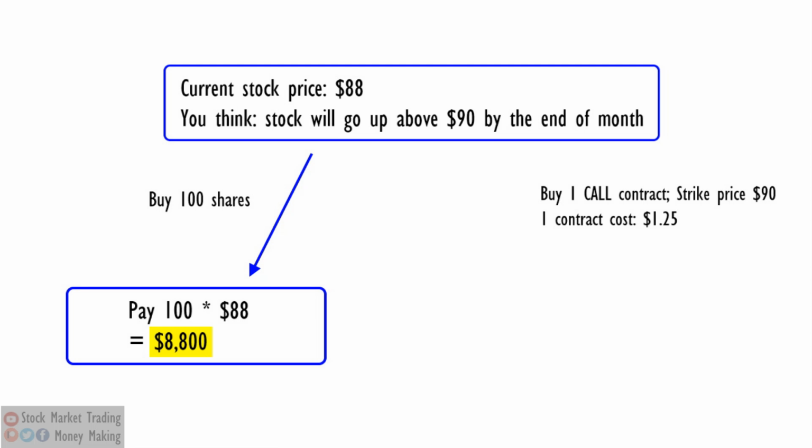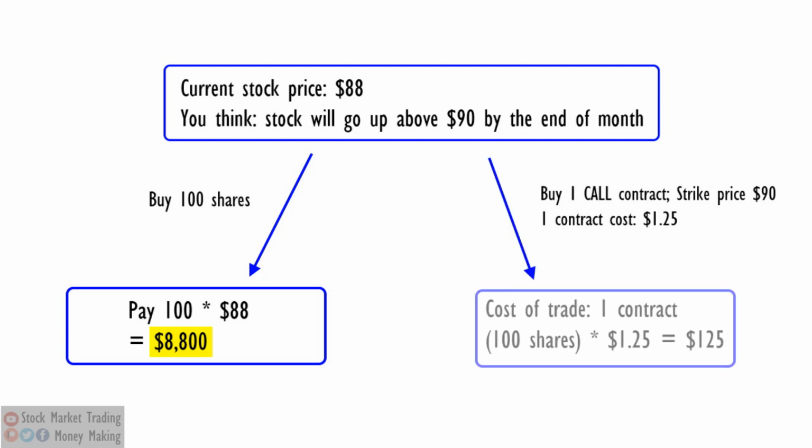Let's say this contract's price is $1.25. Since one contract equals 100 shares, you would invest one contract, which is 100 shares, times $1.25, which is $125. The point here is that instead of investing $8,800, you're now investing only $125.